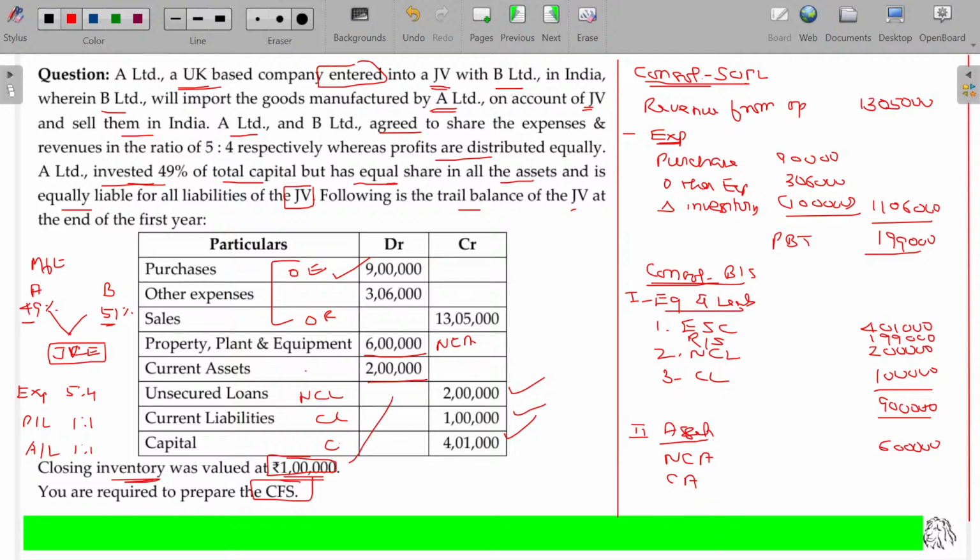We assume that stock is not included here, so I have to include the inventory here, the value being 1 lakh. The balance sheet tallies.